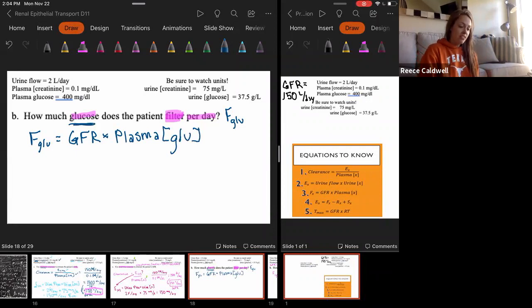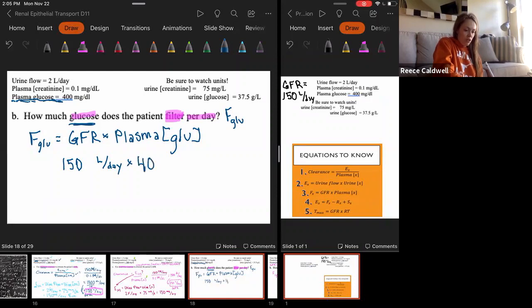Luckily, this equation is pretty simple. We have both our GFR and our plasma concentration of glucose. So we're going to take 150 liters per day and multiply it by our plasma concentration of glucose, which is 400 milligrams per deciliter.